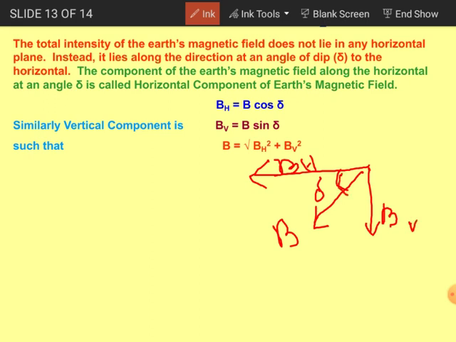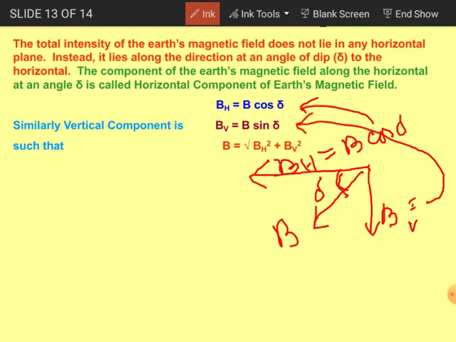As this is the delta component, BH will be equal to B cosine delta, and BV will be equal to B sine delta. That is what it has here.